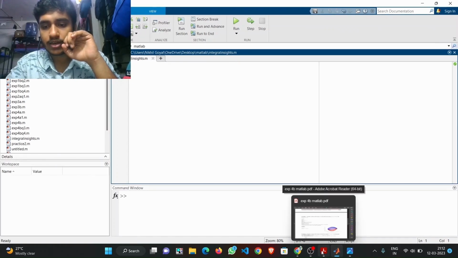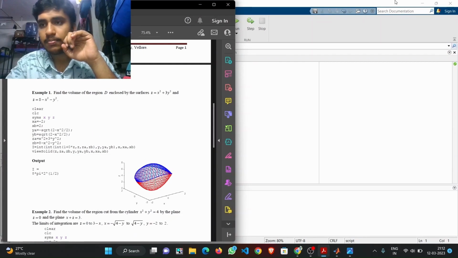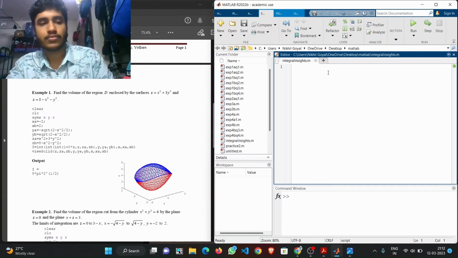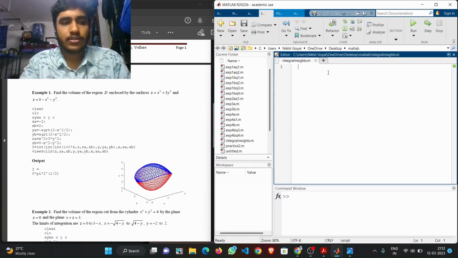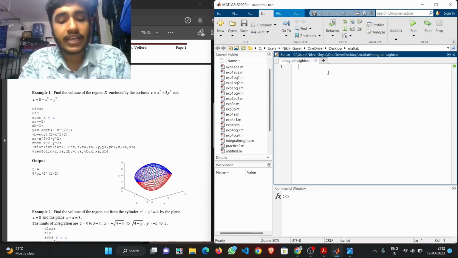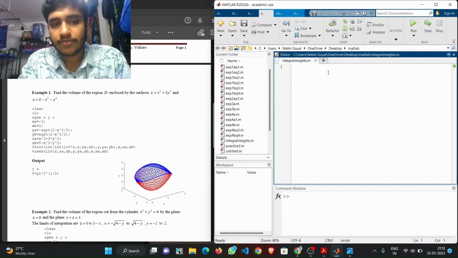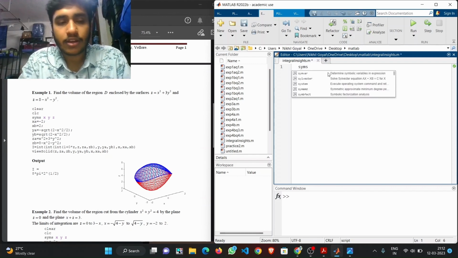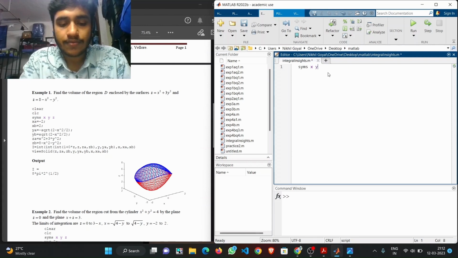So let's try this in MATLAB. First we need to declare the variables which we'll be using throughout the program. So let's write syms for declaring the variables x, y and z.